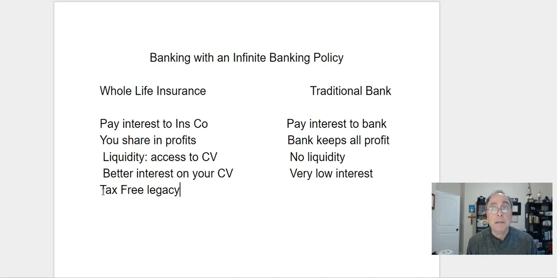But it's going to be many, many, many times more money in tax-free death benefit than the cash value in the policy. Whereas when you come over here to the traditional bank, there is no legacy value.